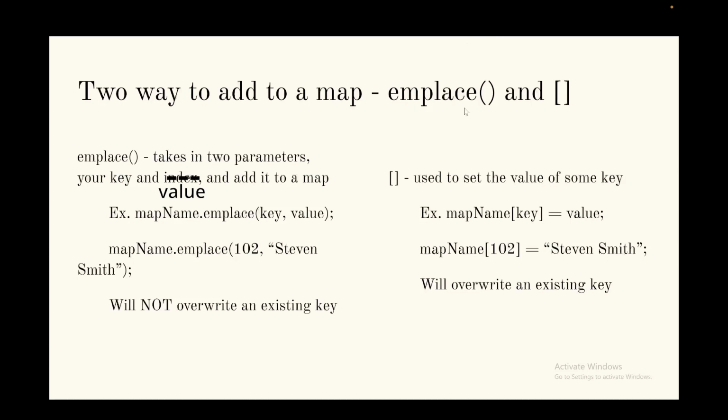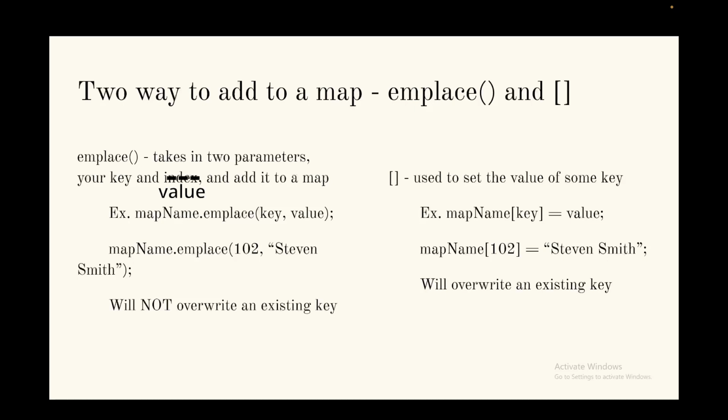The brackets operator is used to set the value of some key, such as seen in this example here, where mapName[key] is equal to your value. Now if we were to take that same example from emplace and put it in terms of the bracket operator, it would be mapName[102] equals "Stephen Smith".